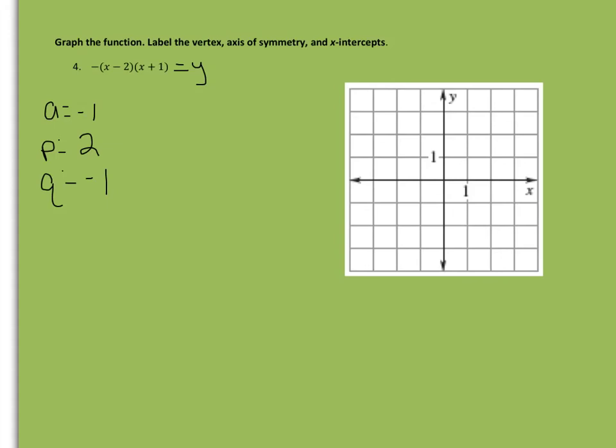So my 2 x-intercepts are 2, -1. Then to get my axis of symmetry, x equals 2 plus -1 divided by 2, 1/2. So that means it's right there.